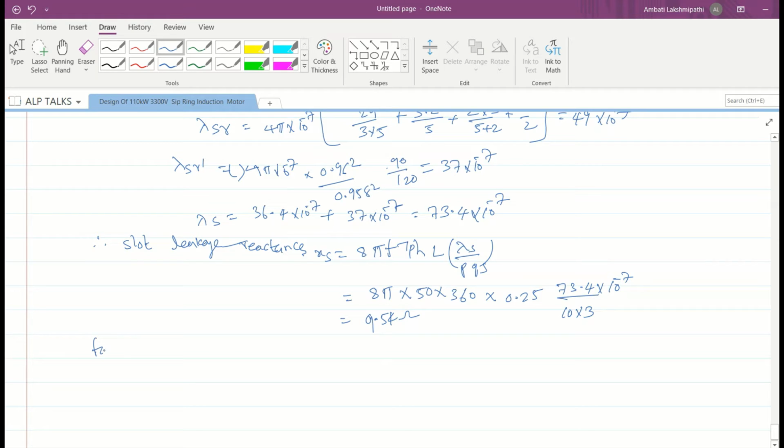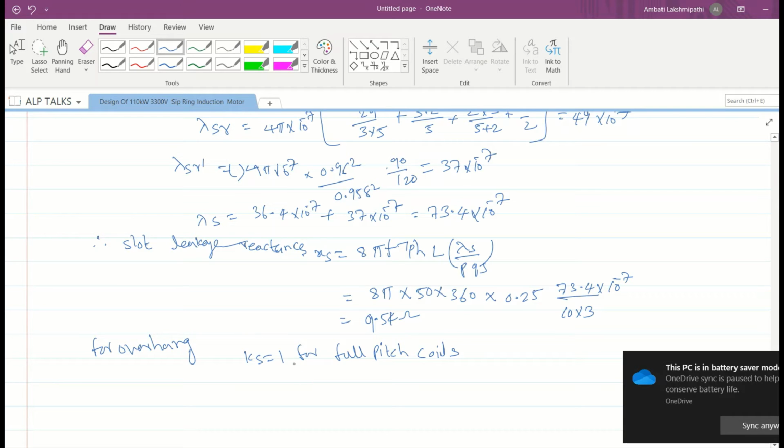Similarly, let's calculate for the overhang, whatever overhang you have at the terminations. Ks equals 1 for full pitch coils, because we took full pitch only, so that's why we are considering a value of 1.